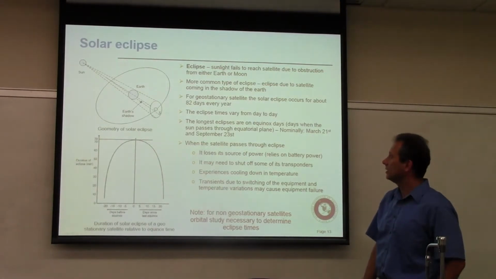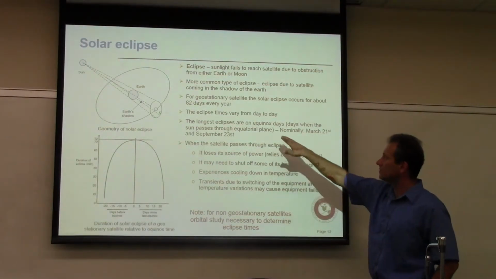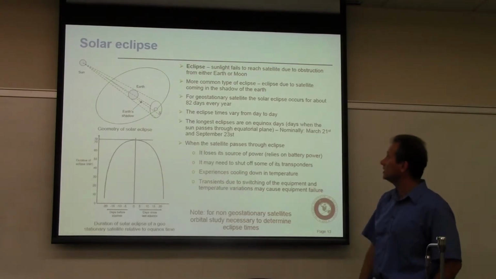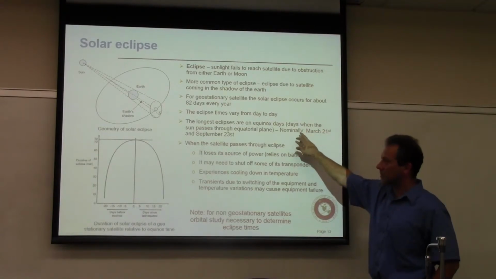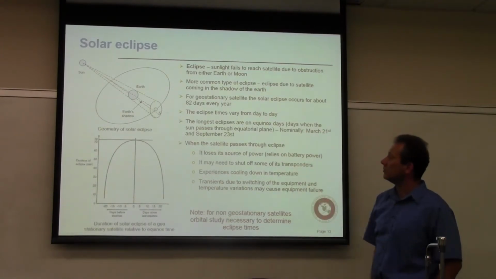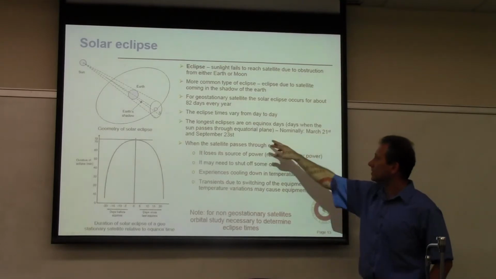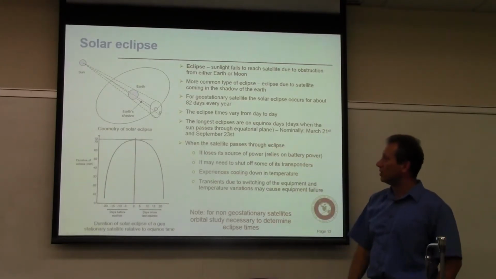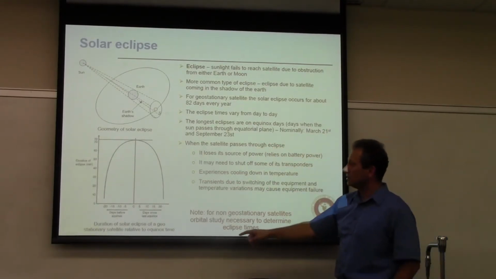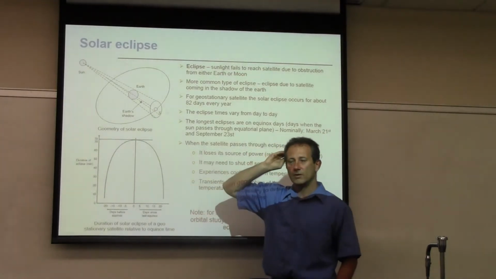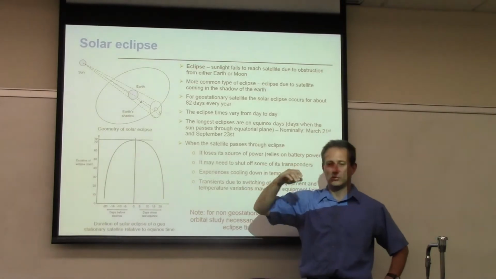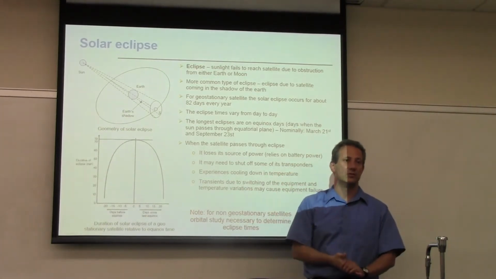The longest eclipses are on what are called equinox days. These are the days where we transition from spring to summer and then back from summer to fall: March 21st and September 23rd nominally. And that's where the eclipse may last up to 72 minutes. So a little bit over 1 hour, you're going to be in the shadow of the Earth.